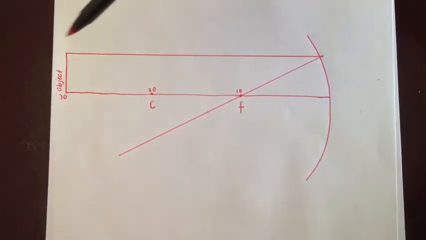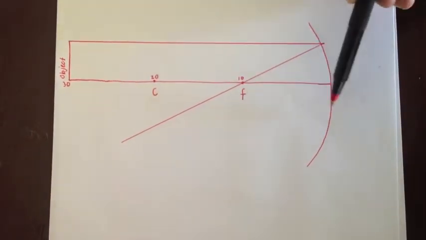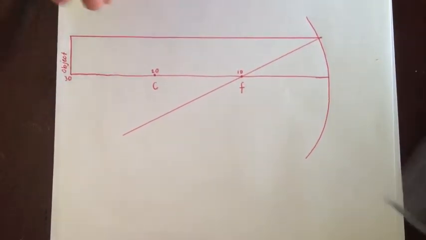The second ray is going to go from the object through the focal point and then parallel back.